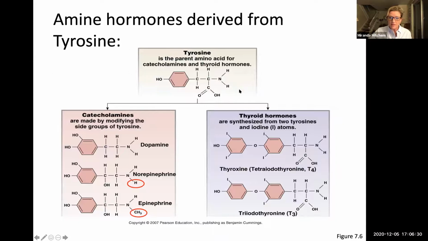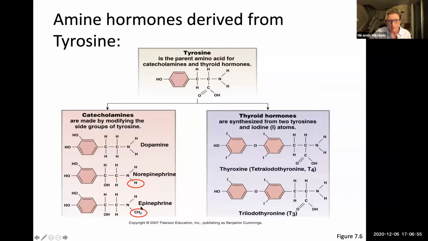So this is tyrosine up top. And then on the left side in this pink color box are the catecholamines. And all that's different here is the side chain attached to tyrosine. So the difference between dopamine and norepinephrine is that we've got an OH here and an H here.